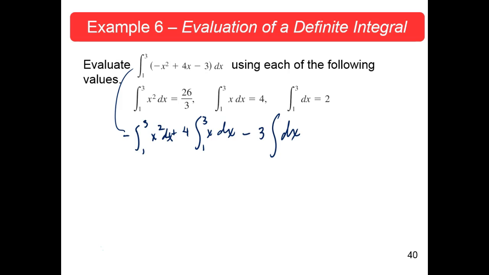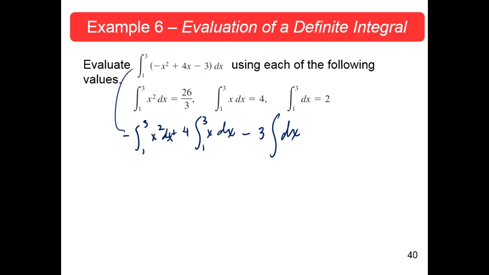Write this down, split it into the 3 different integrals, and then pull the minus sign out of here. What about the signs? Because you took out a negative, shouldn't the other signs change? So you made the first term a positive, shouldn't that plus 4x be a negative and the 3 be a positive? Well, you changed your problem. Right. Yeah, that's a different function. It's the opposite of this function.